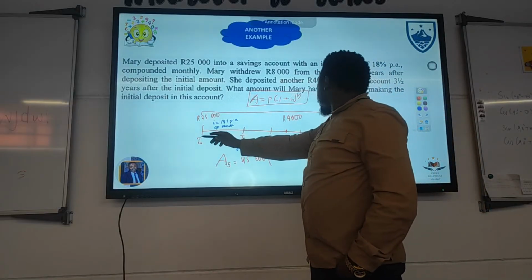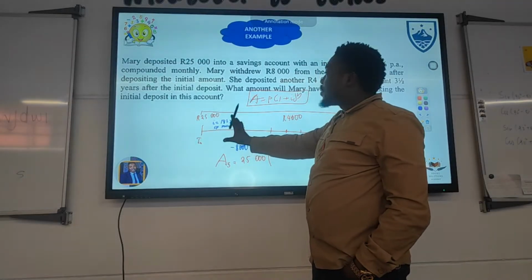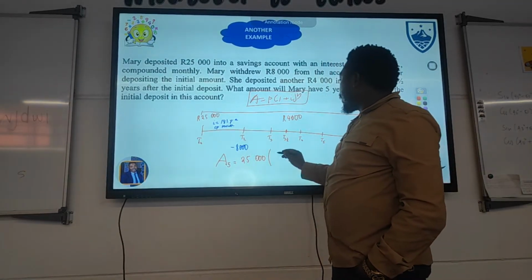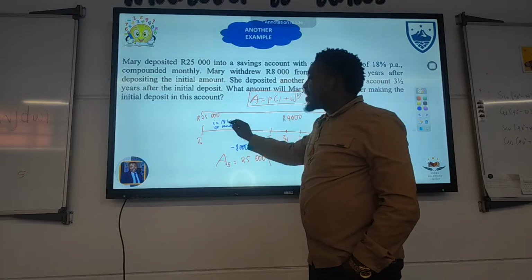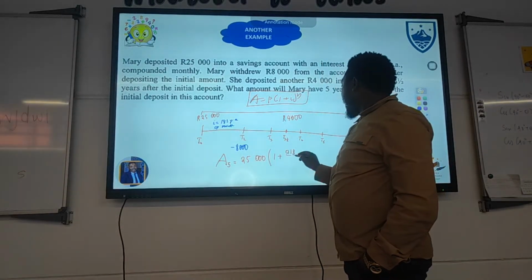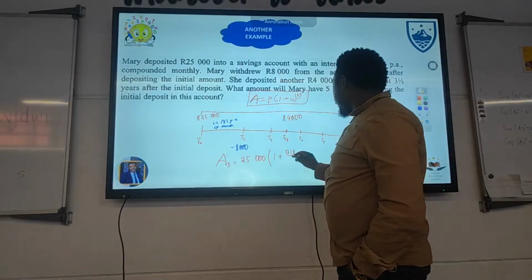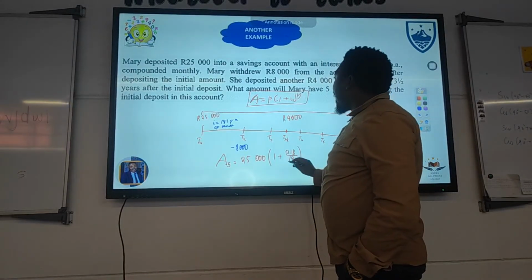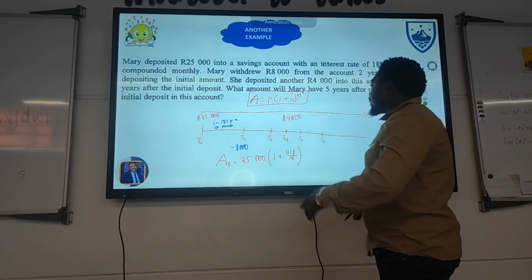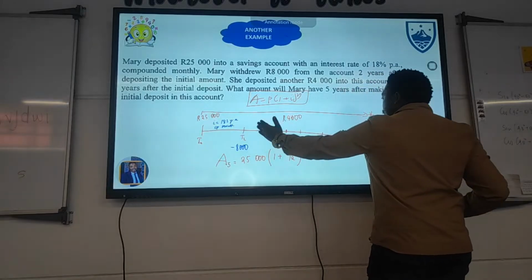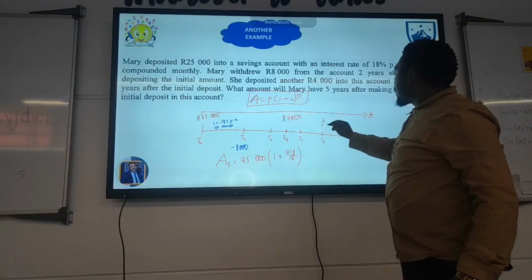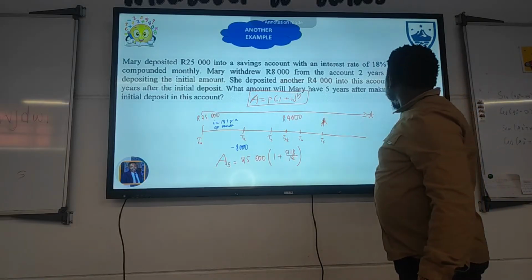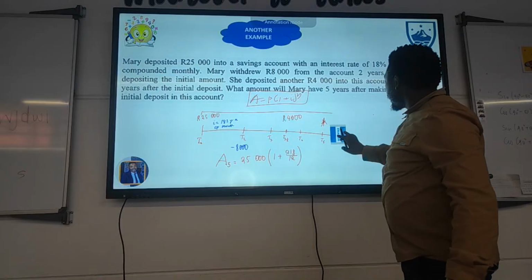It took how long? Because the interest doesn't change, there's no stoppage. So we're going to have 1 plus 0.18, because we divide this by 100. And then because it's compounded monthly, we divide it by 12. How long will this last? 25,000, we move it until we get to the end. Actually, the end is here, after 5 years.